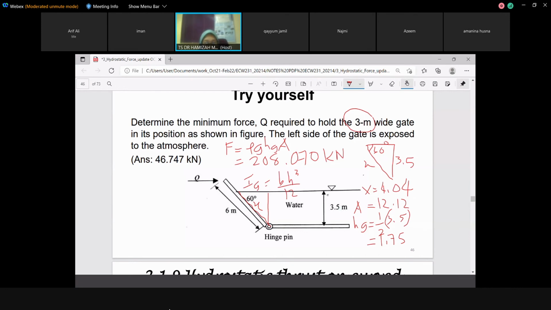So, base ni ialah 3 lah. 3 darab 4.04 cube bahagi 12. So, the IG ialah 16.48 meter power of 4. So, you can calculate the HP using the formula.